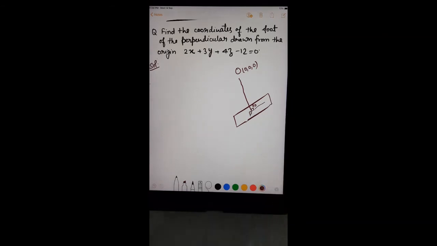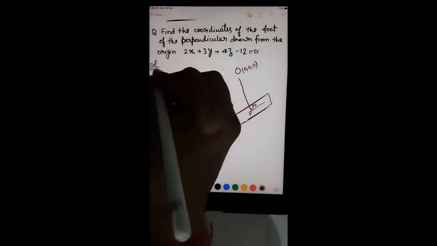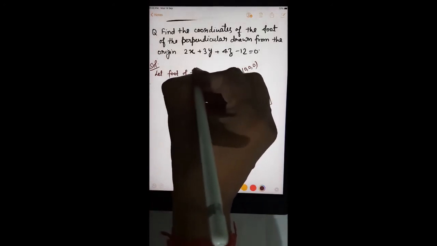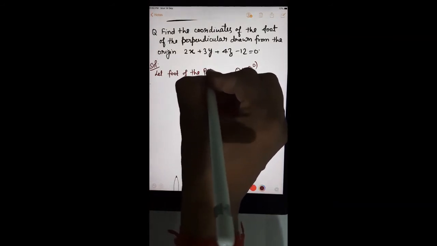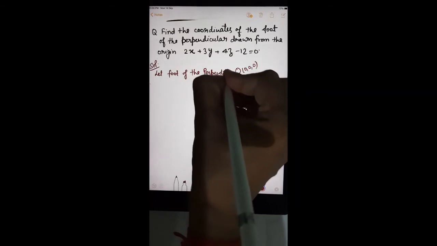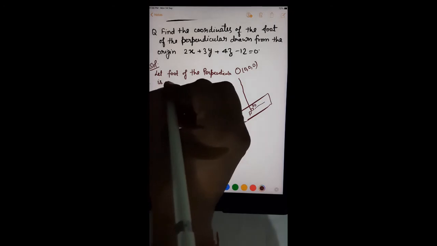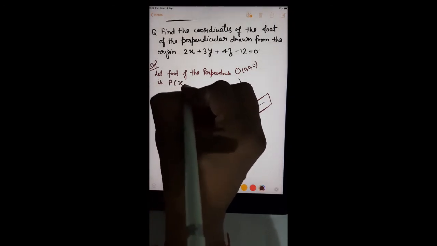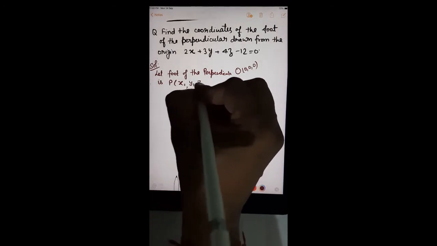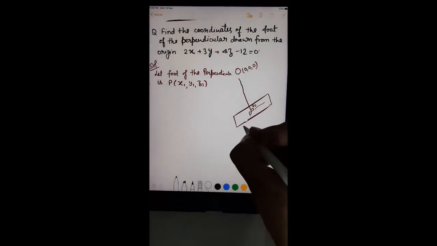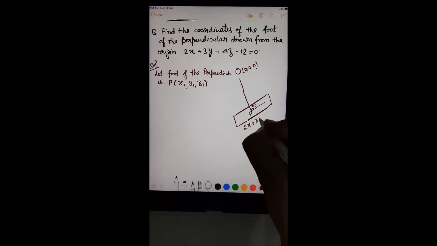Let this point be P. Let the foot of the perpendicular be P, whose coordinates are x1, y1 and z1. And the equation of this plane is 2x plus 3y plus 4z minus 12 equal to 0.